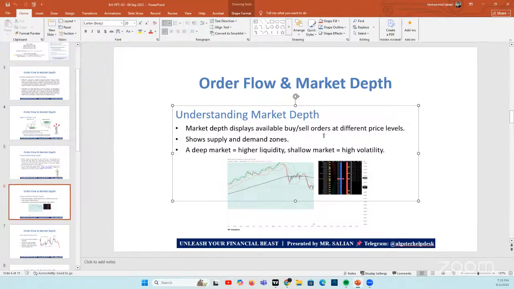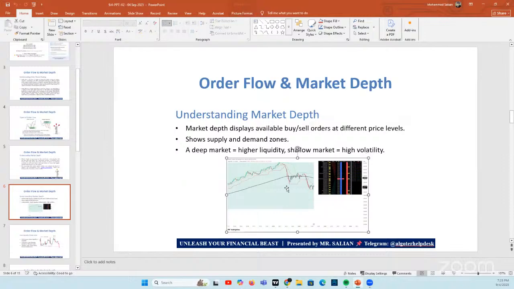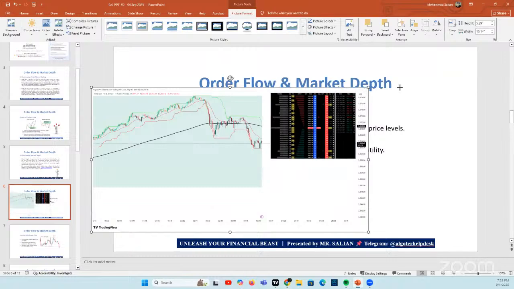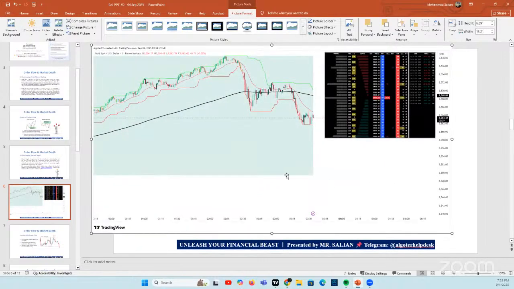It shows supply and demand zones. A deep market means higher liquidity, while a shallow market means high volatility. So let's see this example. Let's make this bigger. Now, in gold, I made a screenshot of this last night.